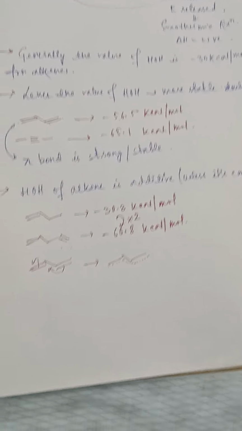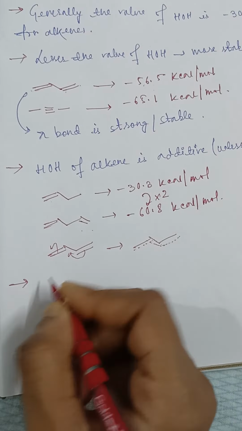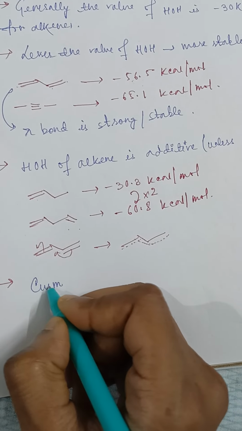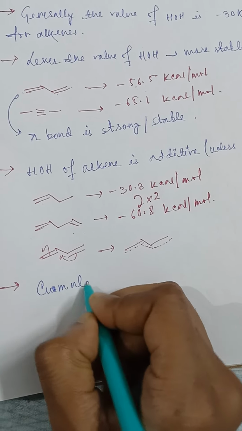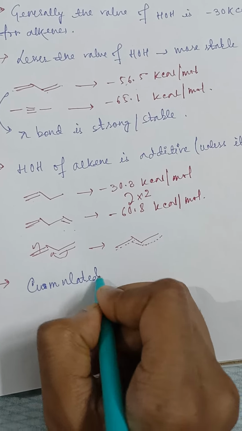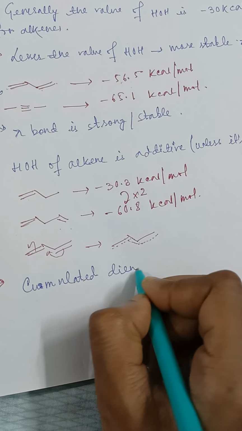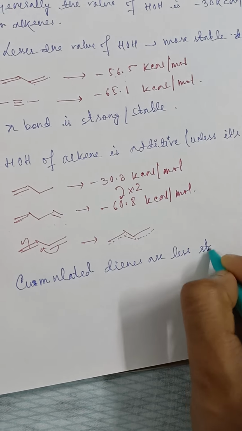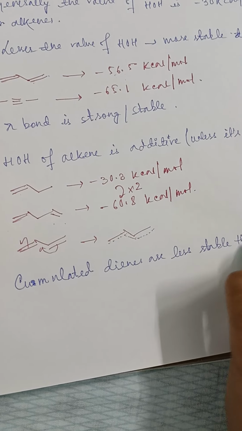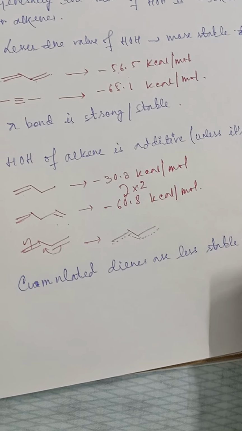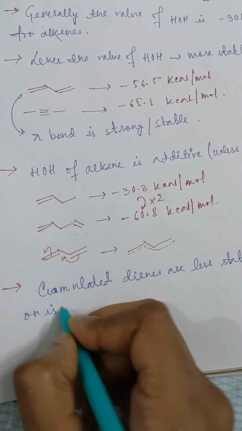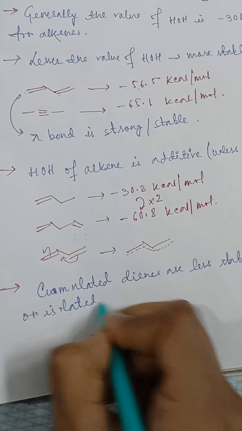Now the last point is that cumulated dienes are less stable than conjugated or isolated dienes.